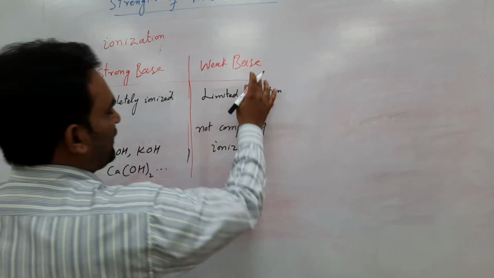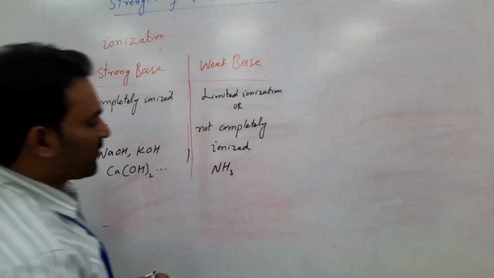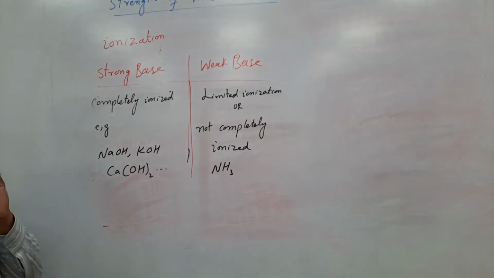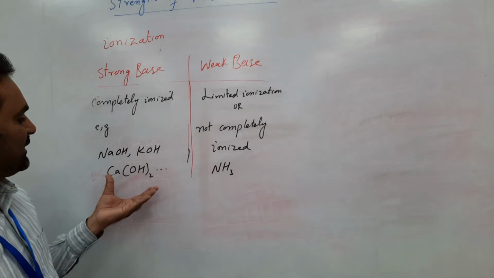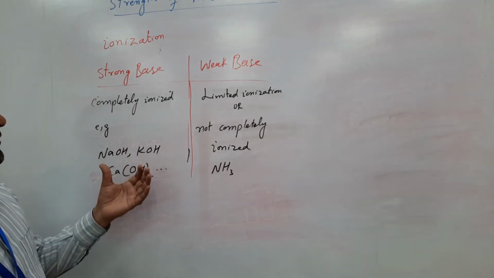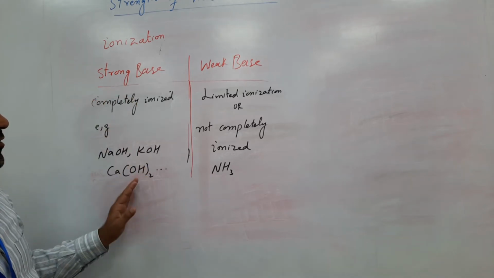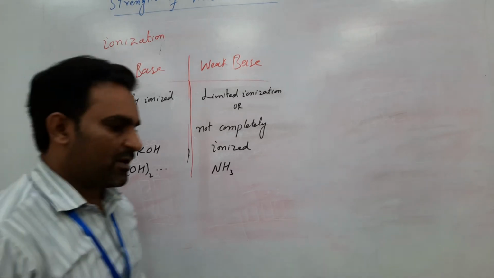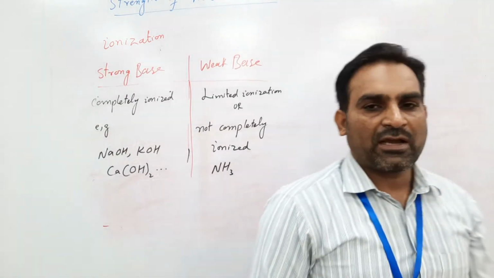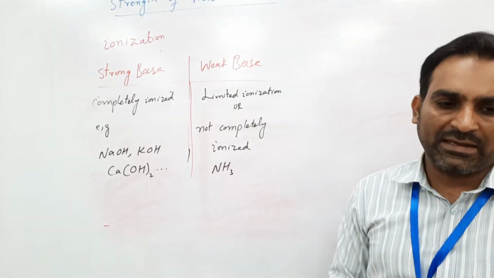Whereas weak bases have limited ionization, and I will give you a very simple example, ammonia. Ammonia is a weak base. Such compounds can completely ionize, so we call them strong bases, and such compounds cannot be ionized completely, so we call them weak bases.